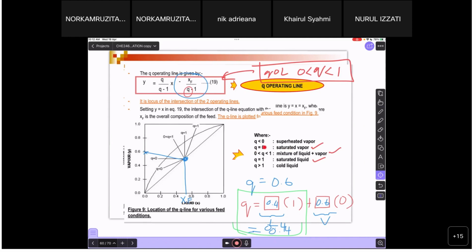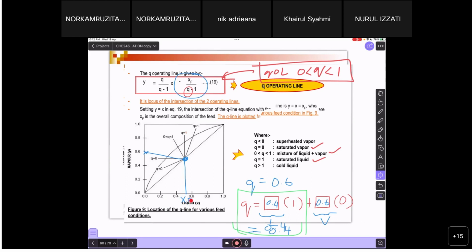So when Q equal to 0, it is only a horizontal line. When Q is equal to 1, where the feed is in the form of saturated liquid, it is only a vertical line. Definitely, it begins at XFA.